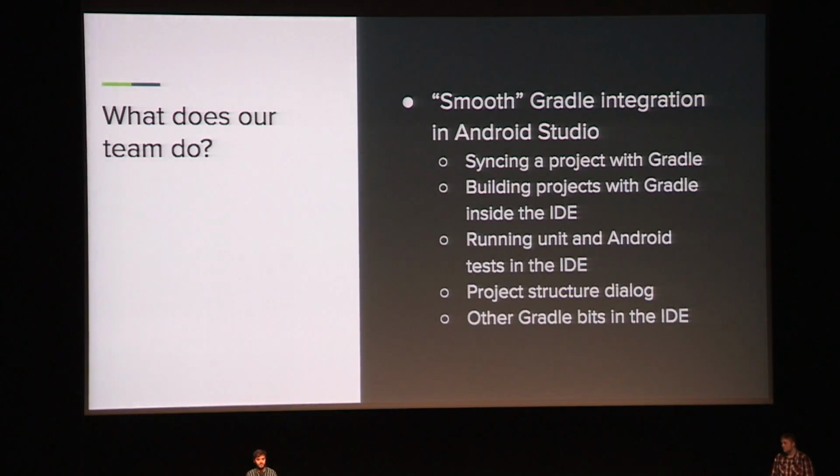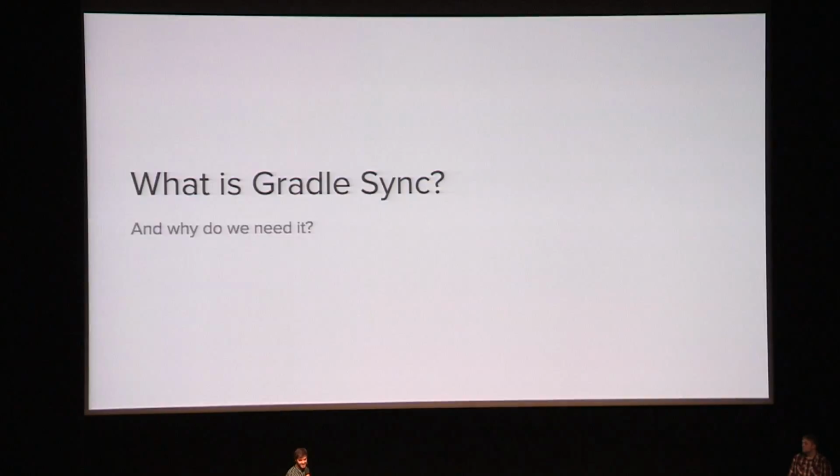Then we figure out the classpath you need, and we run and we show results. And also the project structure dialog, which Bradley will talk a bit more about later, and some other bits of Gradle in the IDE. So basically, we are responsible for making a smooth integration between Gradle and the IDE, and trying to make it as if it was not there for you. But sometimes we can still notice it's there.